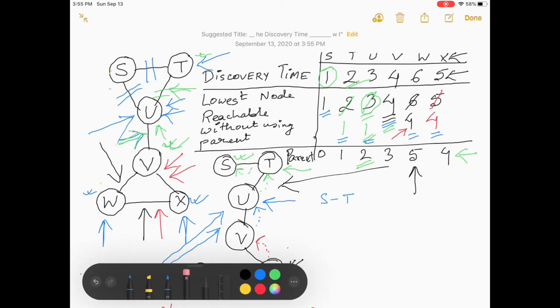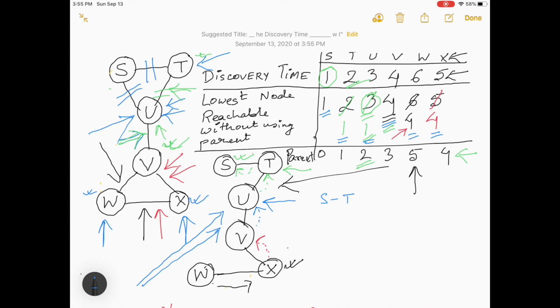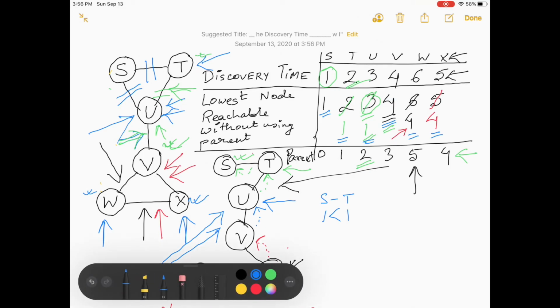The discovery time of s is 1, and then we look at the earliest discovered node reachable from t, and that is also 1, and we see if the discovery time of s is less than the earliest node reachable from t or not.